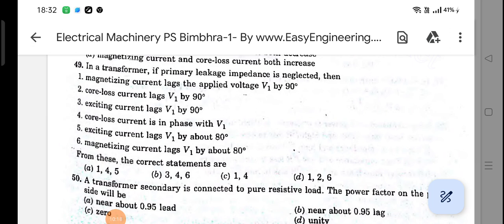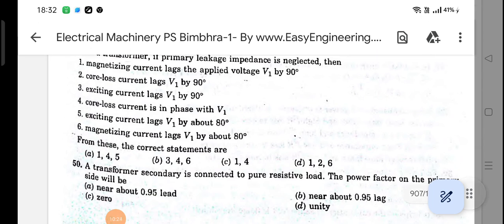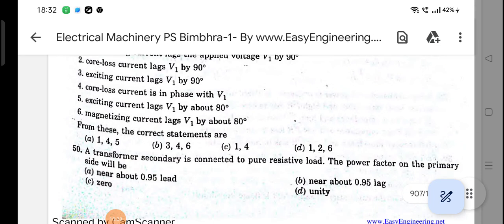Core loss current, IW or IC, is in phase with V1. The second option is not correct. Next, exciting current lags V1 by 90 degrees. Exciting current means no-load current, and that is also not correct. That value will be approximately 75 to 80 degrees. Next, exciting current lags V1 by about 75 to 80, so the fifth one is correct.